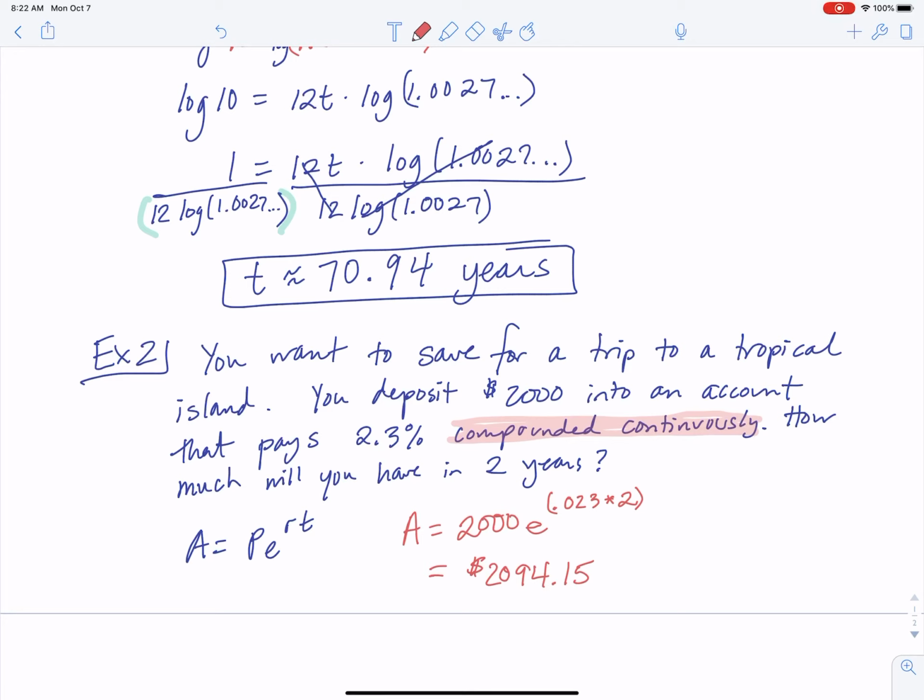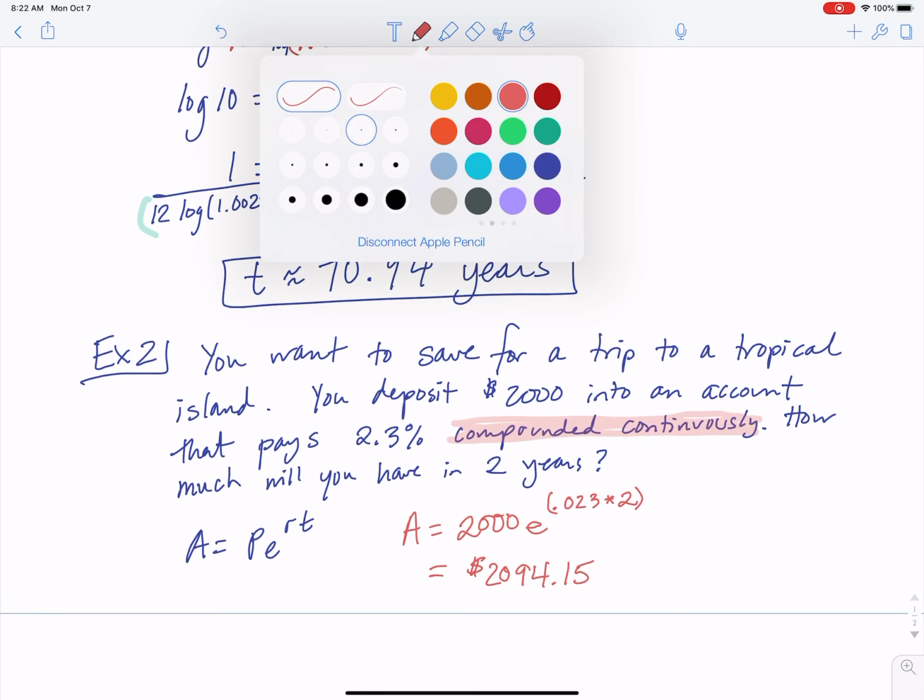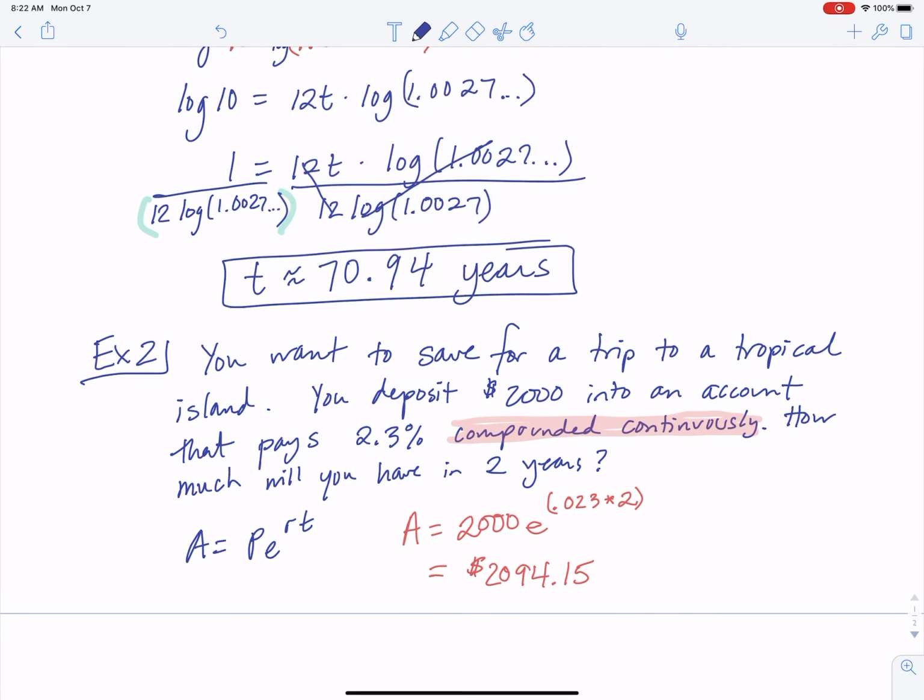So, if you want to actually save money and do any of these fun things quicker, like go to the moon, go to a tropical island, maybe do things that are more realistic for what you might have to do in life, like go to college, buy a car, save for things like living on your own, living in an apartment, needing the security deposit, buying a house one day, things like that. You need to save money a lot quicker than what these type of scenarios will allow for.